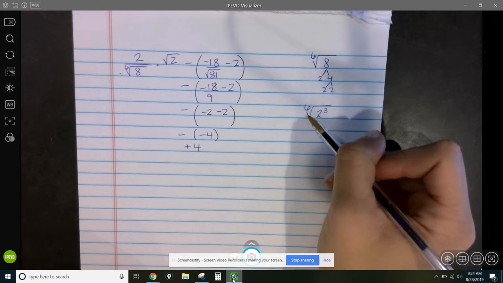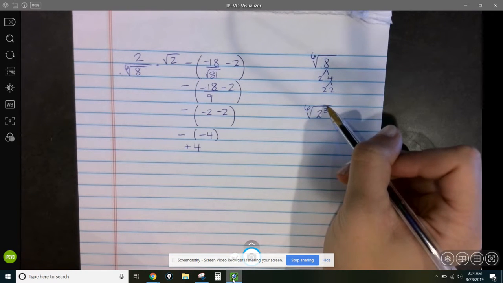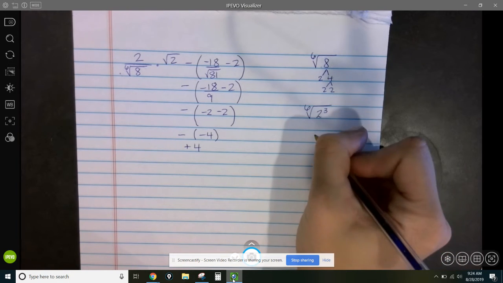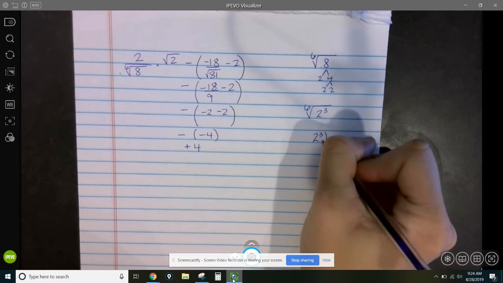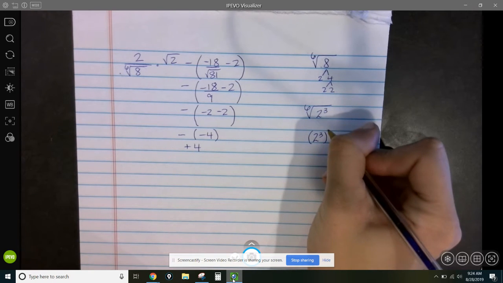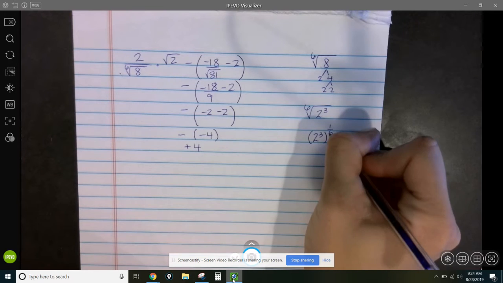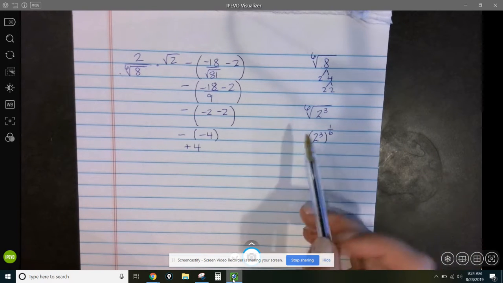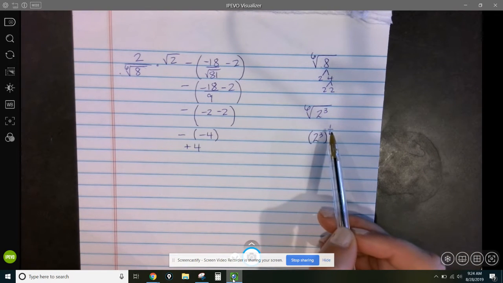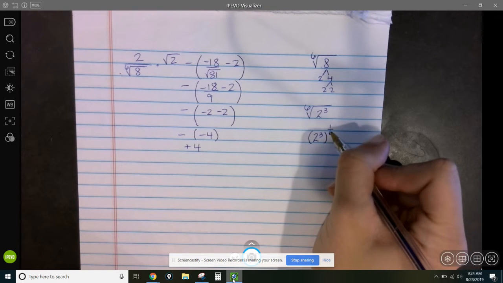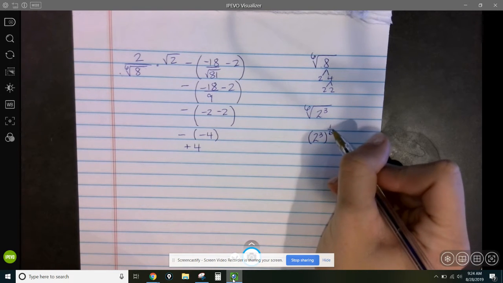So we know that the 6th root is the same as writing that as an exponent of 1/6. So I'm going to leave this 2 cubed, but instead of writing the 6th root of it, I'm going to write to the 1/6 power. So again, I just rewrote it. I didn't change the value of anything. And now I'm raising a power to a power, so I would multiply those exponents.